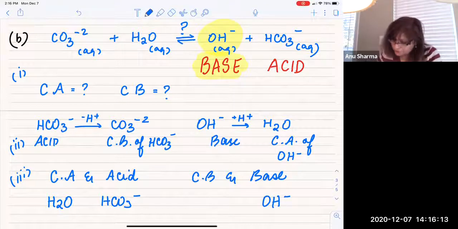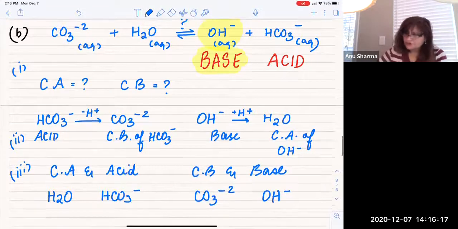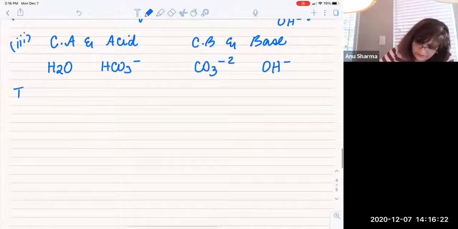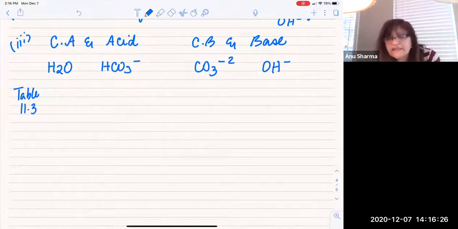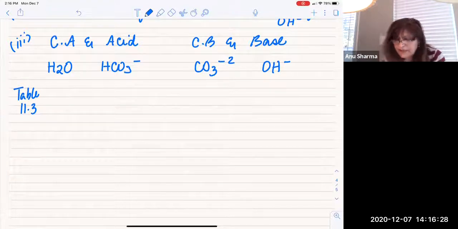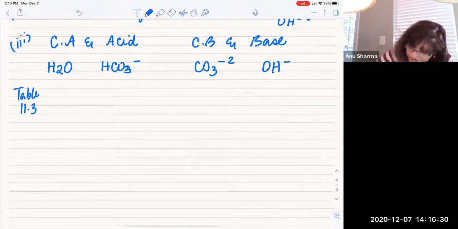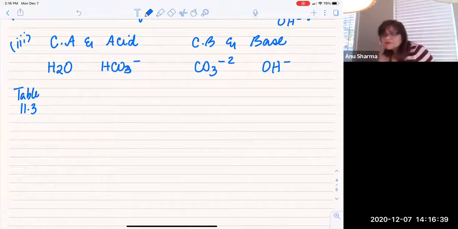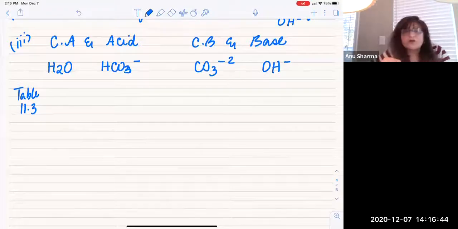So which one is stronger? Look at the table, 11.3. Now you guys tell me: water to bicarbonate and carbonate to OH ions. Look in the table, guys.